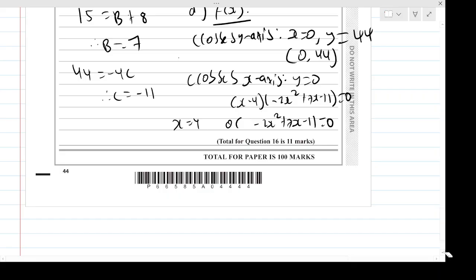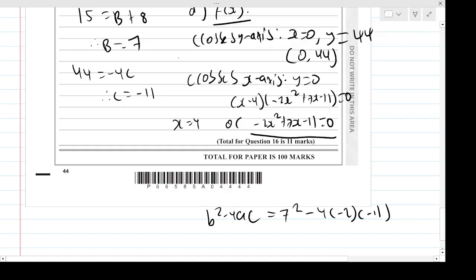Now, what you'd realise is this quadratic, if you were to solve it, doesn't have any real solutions. We can check that with the discriminant, b squared minus 4ac. For this quadratic, b squared is 7 squared, then minus 4 lots of minus 2 of minus 11. If you put that in your calculator, you get minus 39, which is negative.